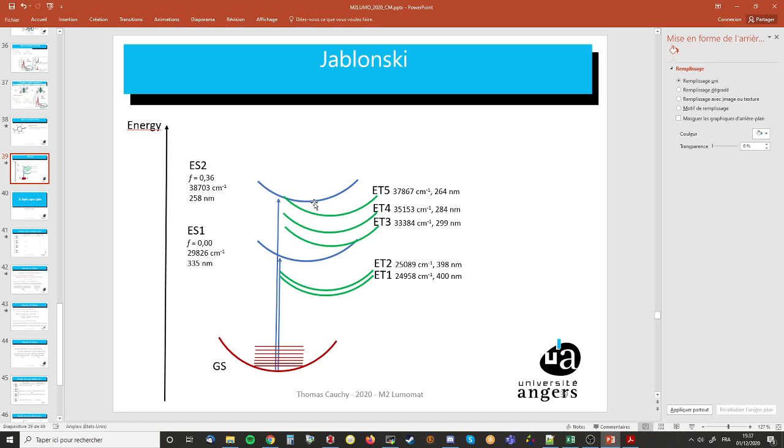When you have the excited state 2, your electron is excited at some place in the molecule. So let's see what it is.